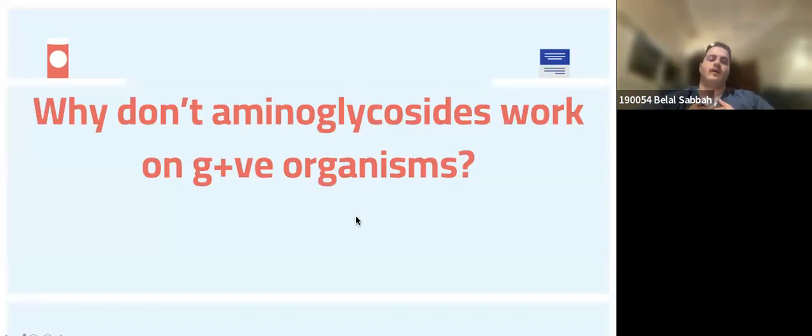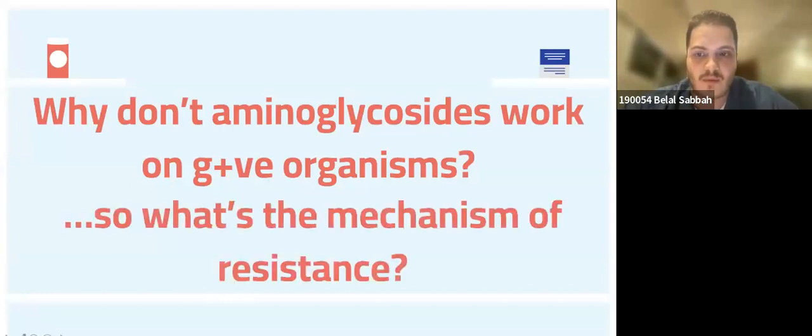Okay, so can anyone tell me why aminoglycosides do not work on gram-positive bacteria? Yes, exactly. So gram-positive bacteria, no porins. That's all it is. So how do you think they would get mechanism of resistance?